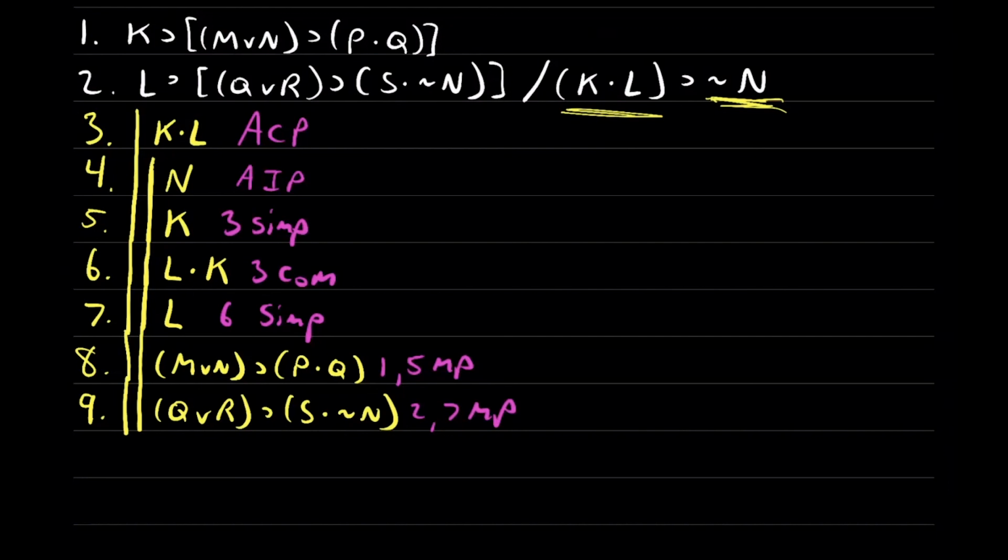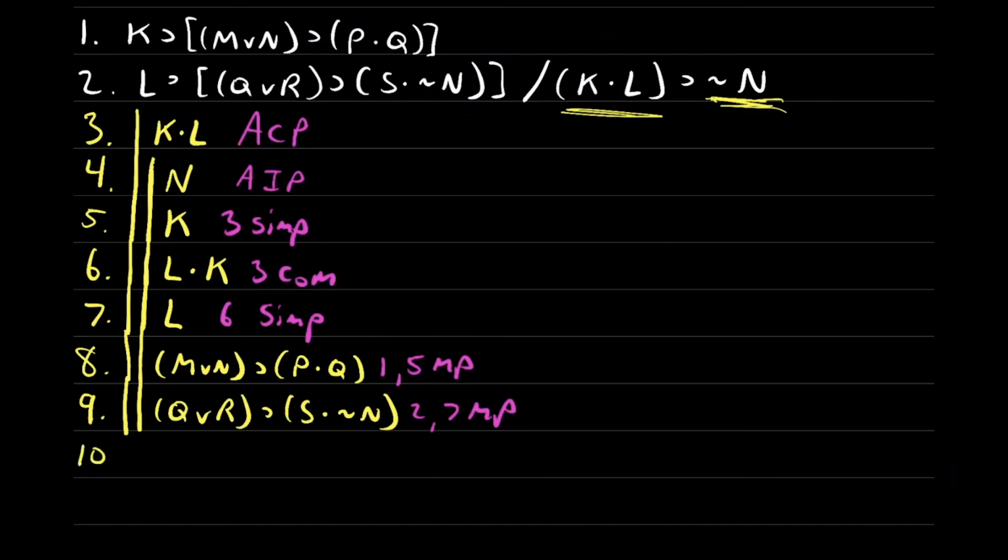Okay, the next thing I see is that if I could get M or N, the antecedent to that conditional on line 8, I could do a modus ponens step. Well, I already have N on line 4, so I'm going to add M onto that with addition.